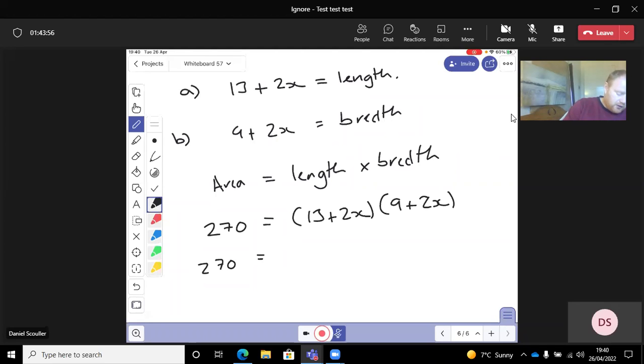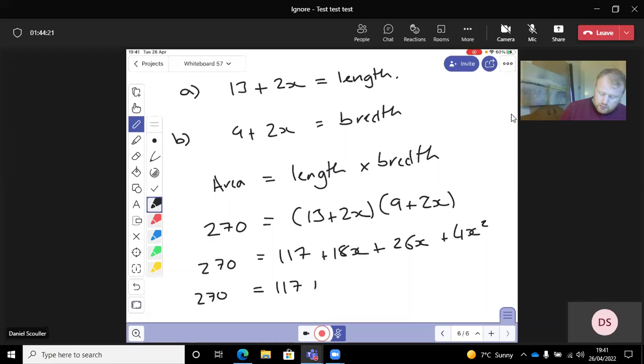Remember, this is a calculator paper. 117. Plus 18x plus 26x plus 4x squared. Okay, 270 is equal to 117 plus 44x plus 4x squared.